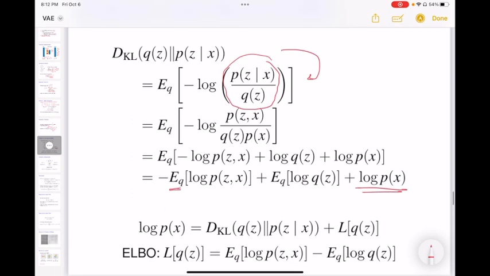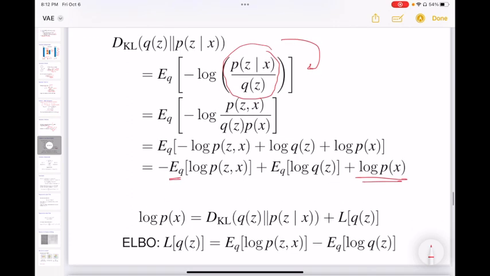When we do that, we will be left with the DKL, which was already on the left-hand side, plus the expectation over Q of log P of z comma x, minus the expectation over Q of log Q of Z, right?